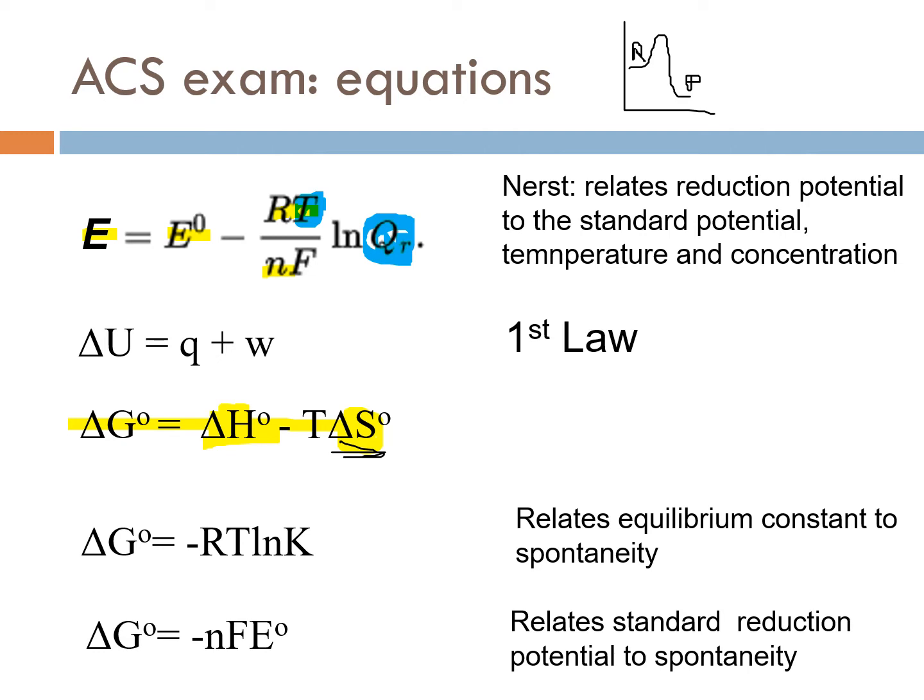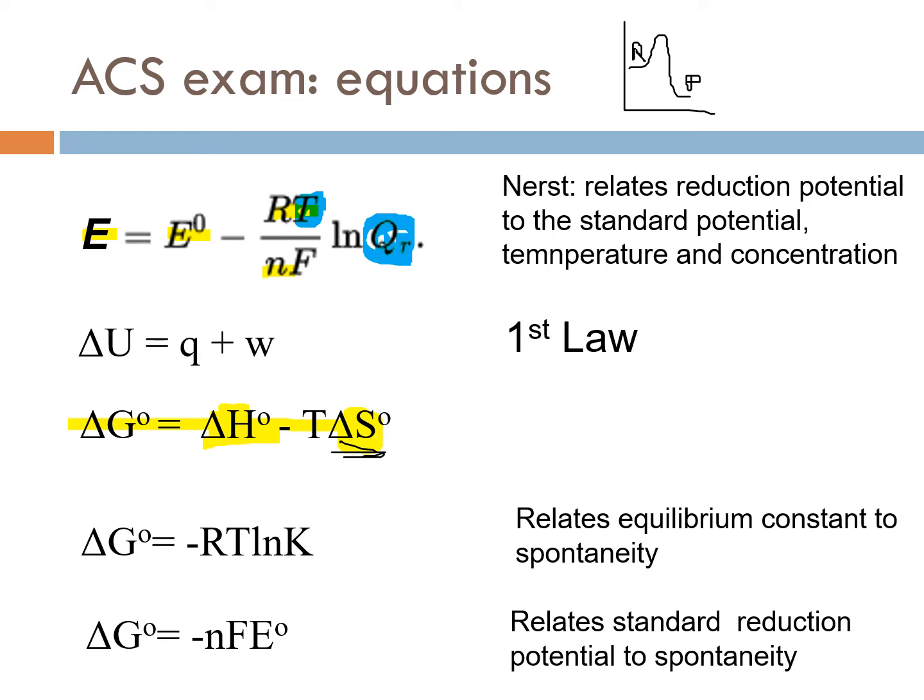For example, if the products show more order, then delta S is negative, S is going down. So you want to look, for example, is it going from solid to liquid to gas? Do you have more molecules on the product side than on the reagent side? So have a look at that, because that also allows you to get the sign.